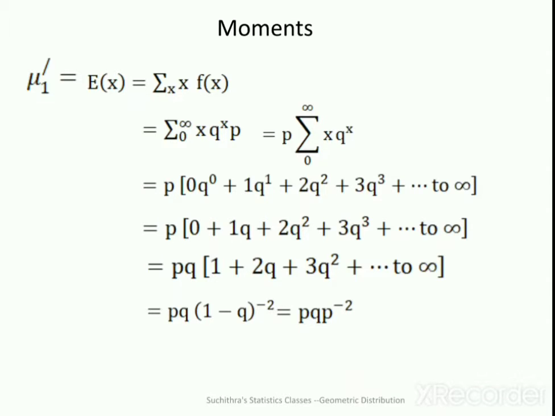So that becomes pq times p raised to minus 2, that is q times p raised to minus 1, that is q by p. So mu 1 dash, that is the mean, is equal to q by p. Therefore, the mean of a geometric distribution with the probability mass function q raised to x times p is q by p.